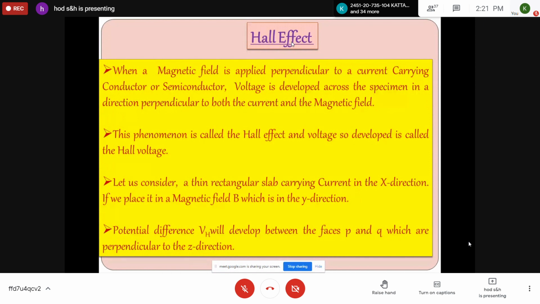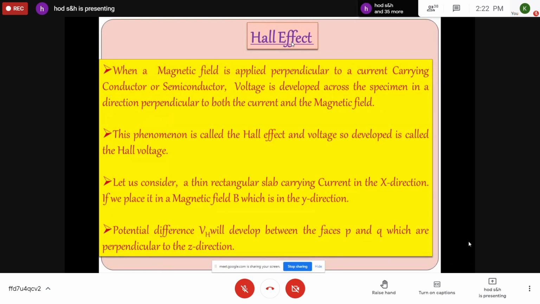When a metal or semiconductor carrying some current is placed in a transverse magnetic field, in bracket you write perpendicular to length.